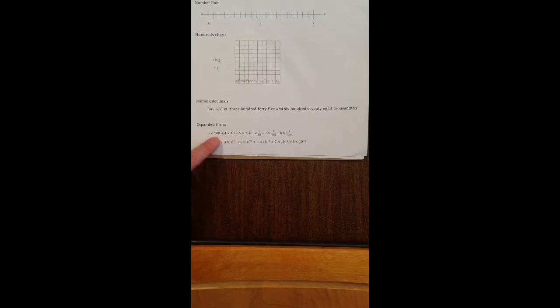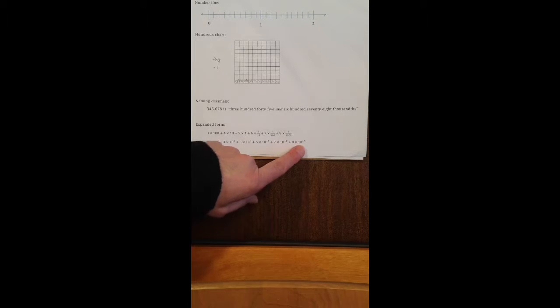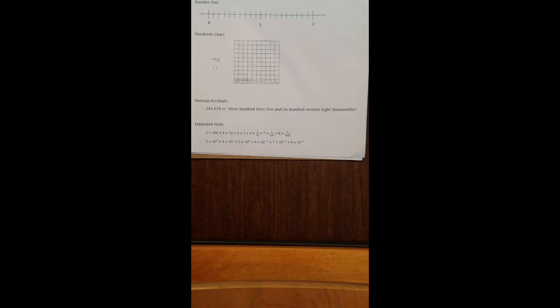And so that's one way to write expanded form for your decimal. The other way is to use exponential. So instead of 100, you call it 10 squared. Instead of 10, 10 to the first. Instead of the number 1, 10 to the 0. 10 to the negative 1 is how you write a tenth. 10 to the negative 2 is a hundredth, and 10 to the negative 3 is a thousandth.